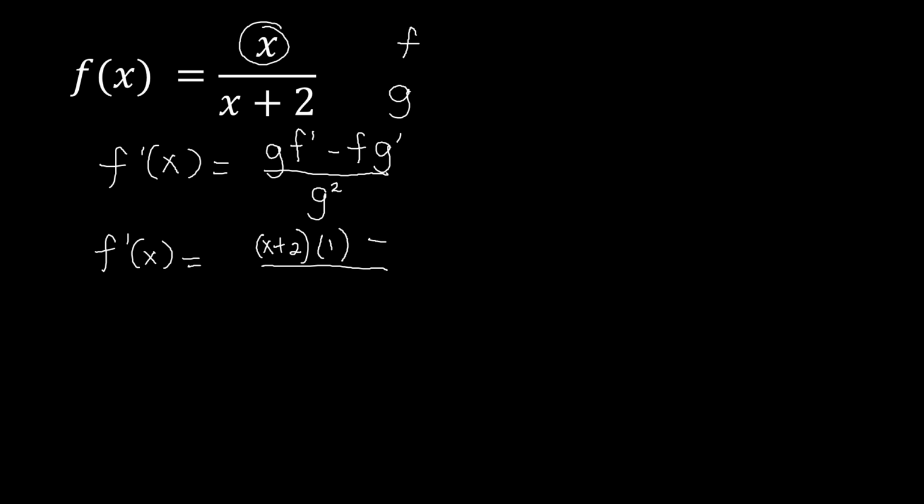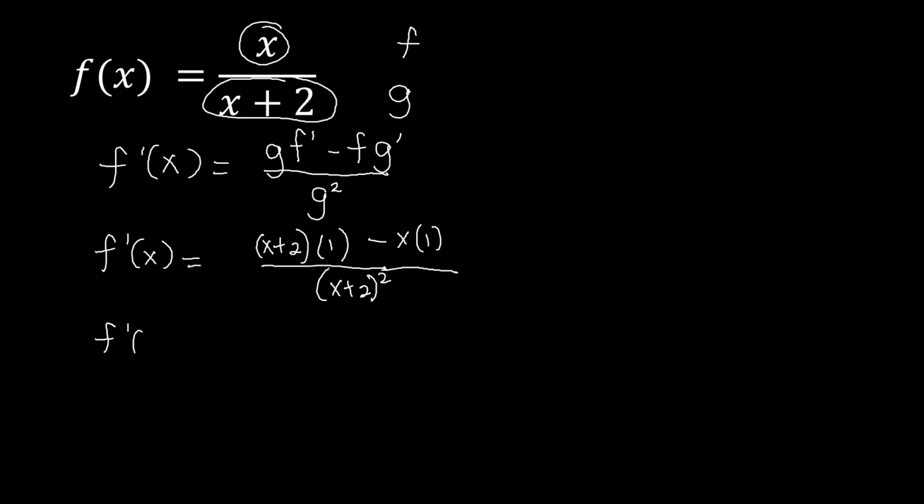Minus our f, which is x, multiplied by the derivative of g. Our g is x plus 2. The derivative of x is 1, and the derivative of 2 is 0, so we don't need to write that anymore. At the bottom, we have g as x plus 2, raised to the power of 2.